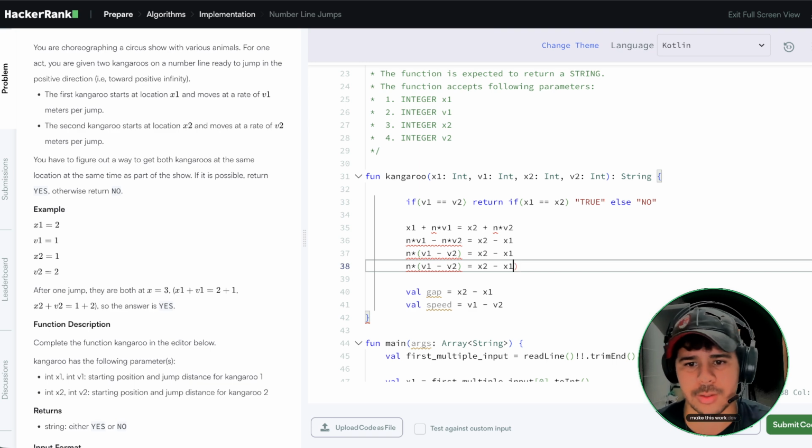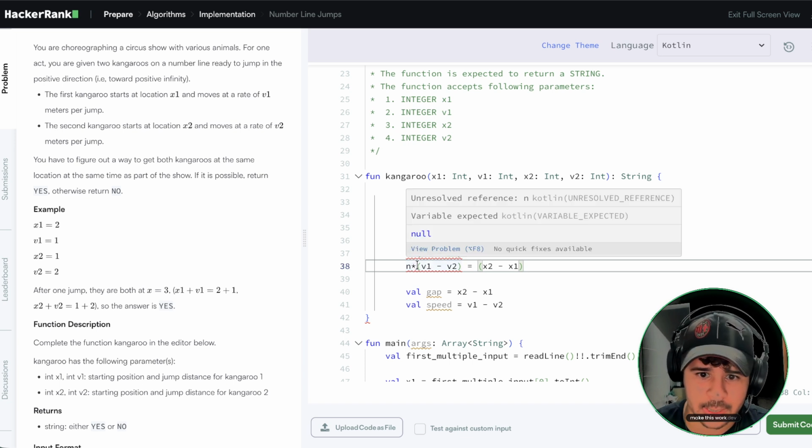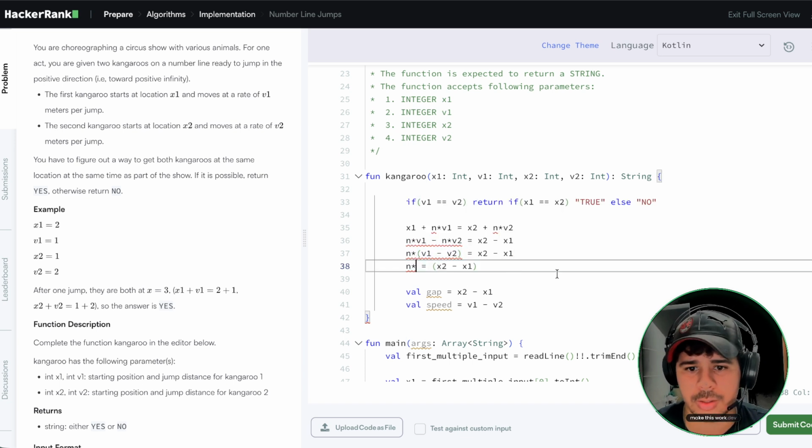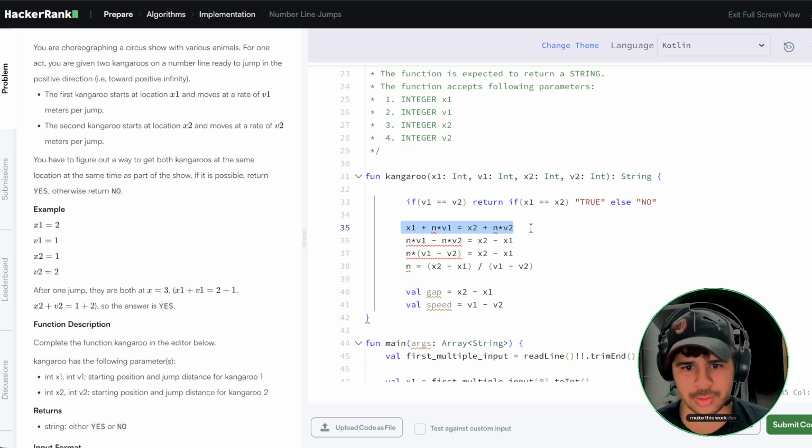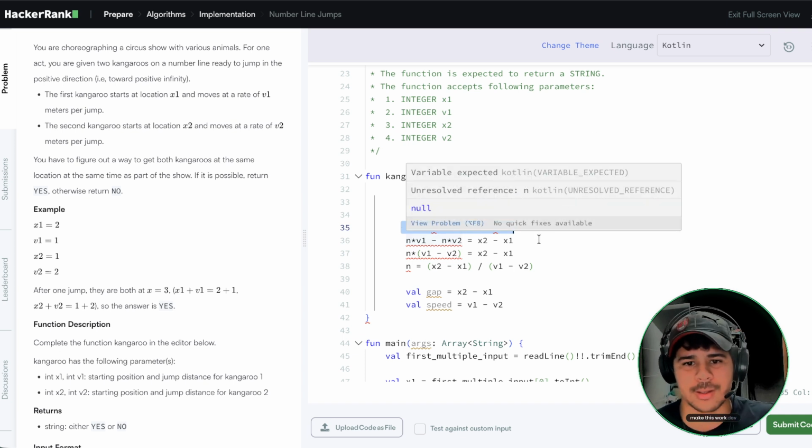And here what you're going to do is separate this one, and here we are multiplying, and here we're going to divide. So divide by this. So n is equal to x2 less x1, divided by v1 less v2, as you can see here. So you have to arrive at this solution because that's what the problem is asking you.